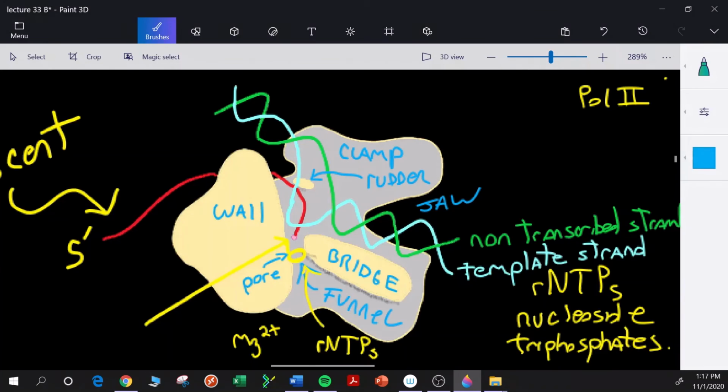And okay, so what's going on here? The clamp is supposed to probably close down over the DNA. And as the DNA is entering the RNA polymerase, it's already been opened. The DNA is opened by a process that involves all of the general transcription factors, and I'm going to get to that in a moment.